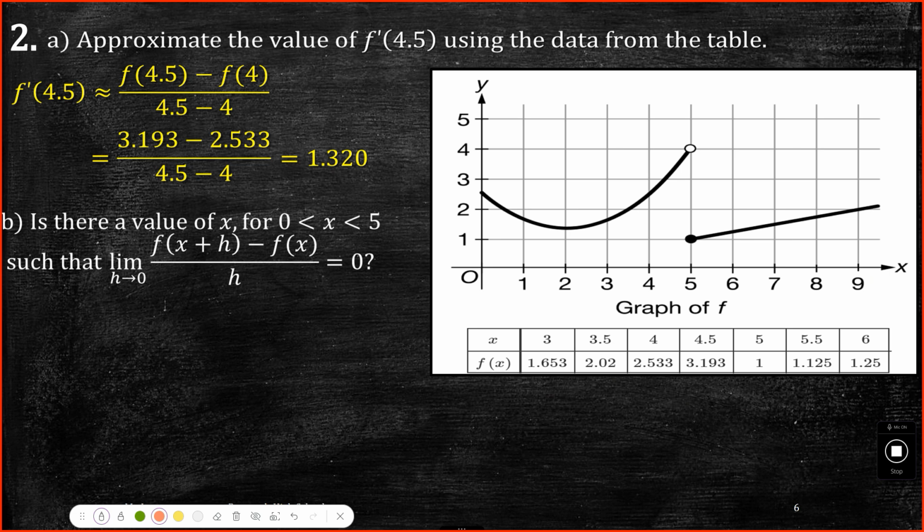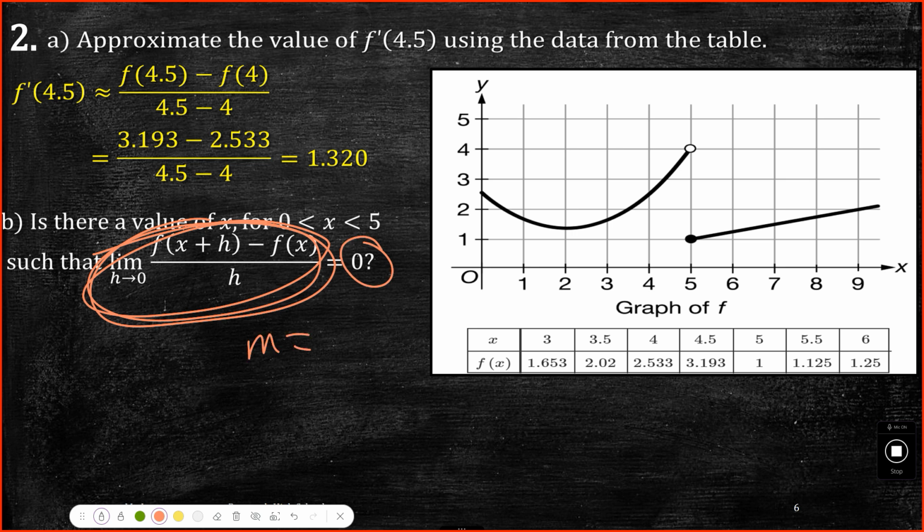Problem B. Is there a value of x for x greater than 0 and less than 5 such that the limit as x approaches 0... This is just telling you, is there anywhere where the derivative is equal to 0, where the slope is equal to 0? Where you have a horizontal tangent line.